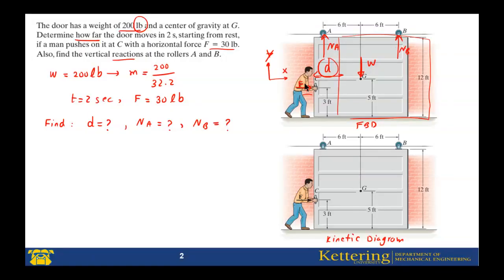There is no friction force because the coefficient of friction is not given. If the coefficient of friction is given, consider the friction force. If not, do not consider it.